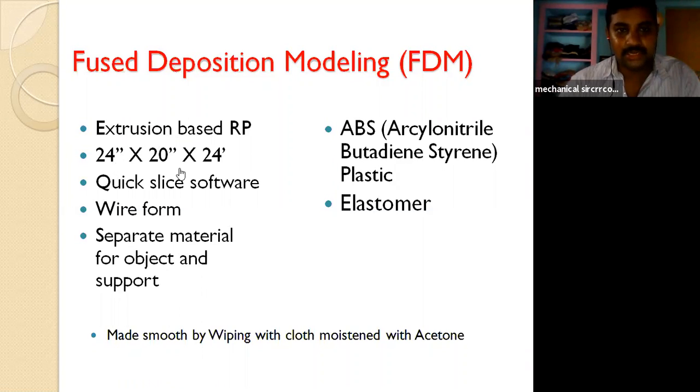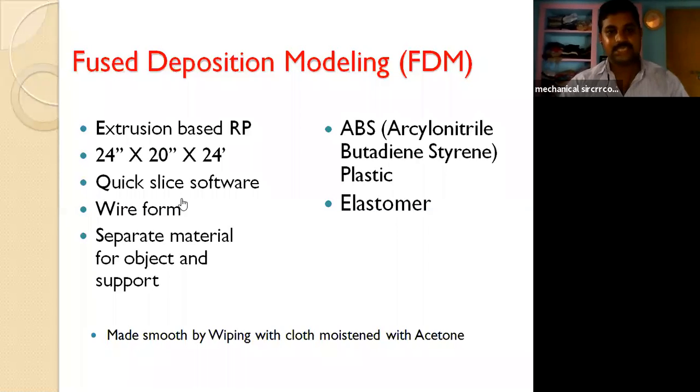The component size is limited to 24 inches by 20 inches by 24 inches. This is the limitation of component size. The requirement for this manufacturing process is QuickSlice software, and wire form material.